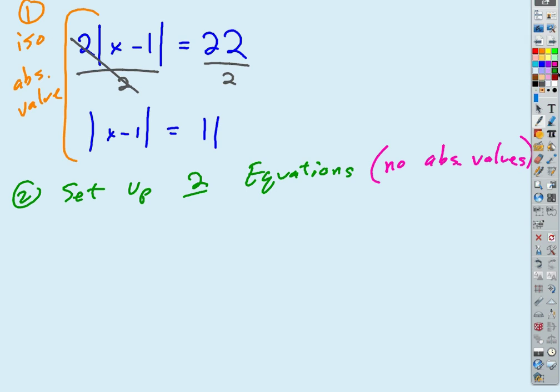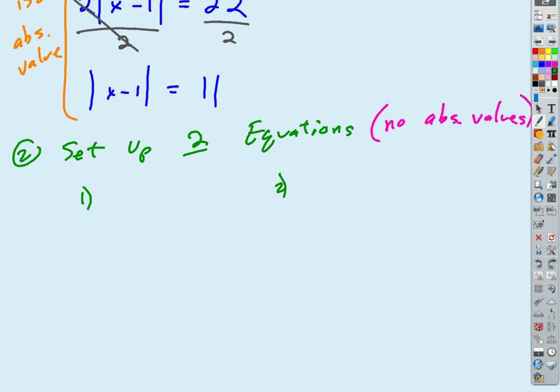So what are my 2 equations going to be? We get equation 1 and equation 2. What's equation 1? Yes? Okay, good. So whatever's inside is going to equal either 11, so we get x minus 1 equals 11, or equation 2 over here.